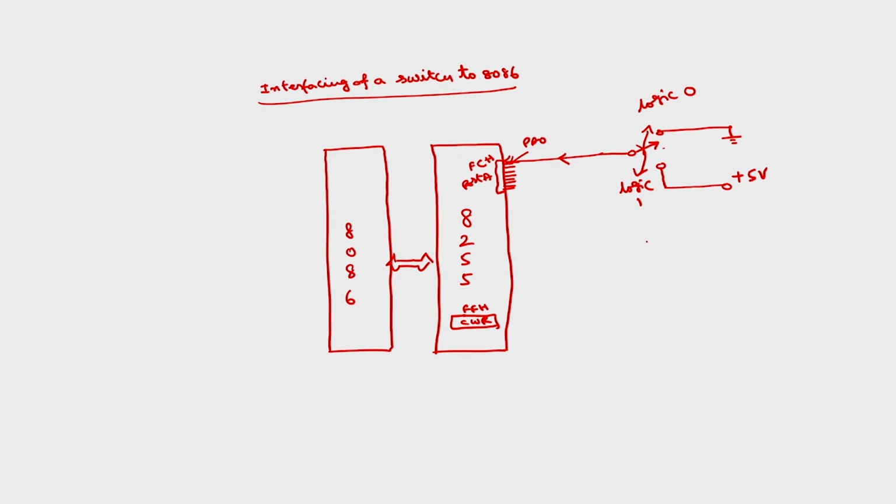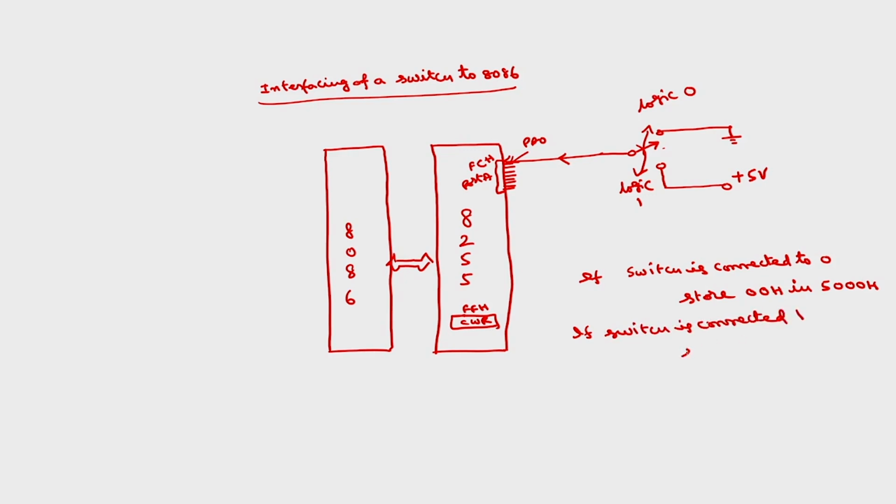Let us assume that if the switch is connected to logic 0, store 00H in the data segment at offset 5000H. If the switch is connected to logic 1, store FFH in the same offset 5000H, that is in the data segment.